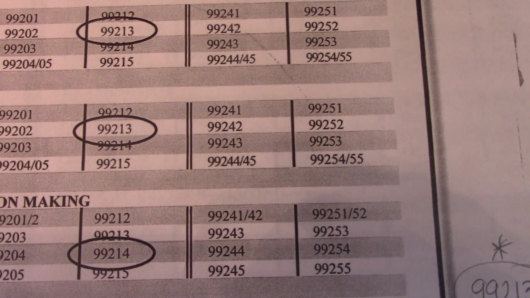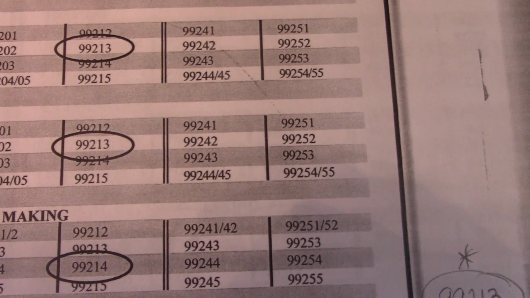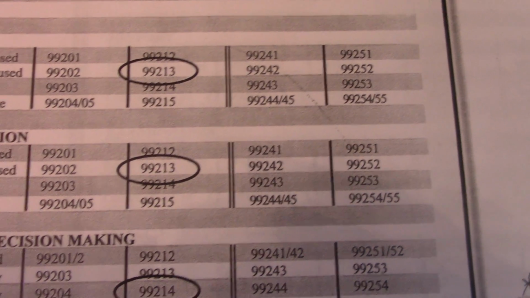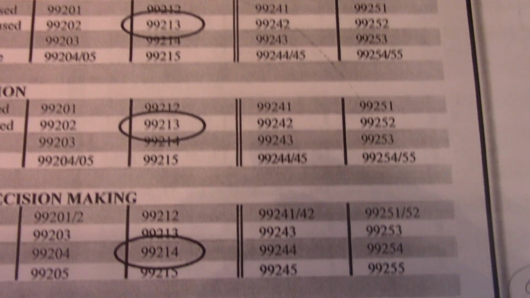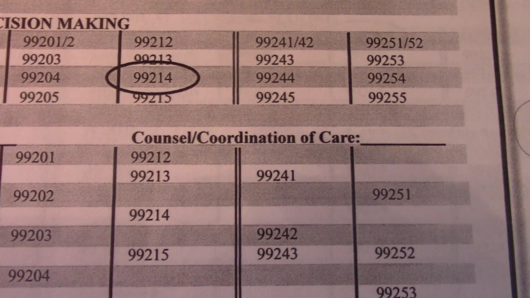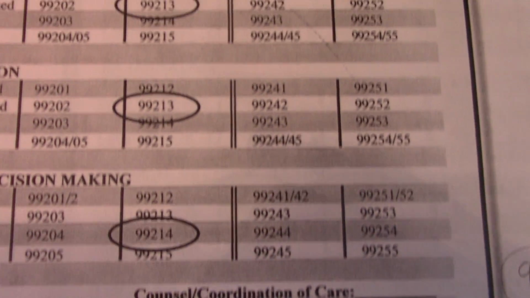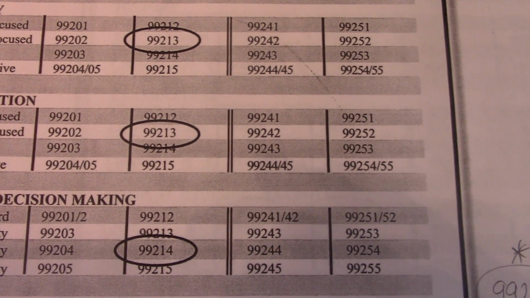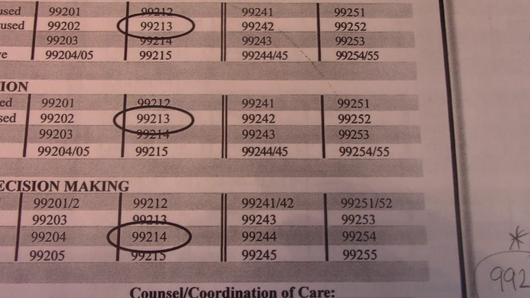So as you can see, the circled codes, 99213 for the history, 99213 for the exam, and 99214 for the decision making. Because this is an established patient, 2 key components are required. You see that?